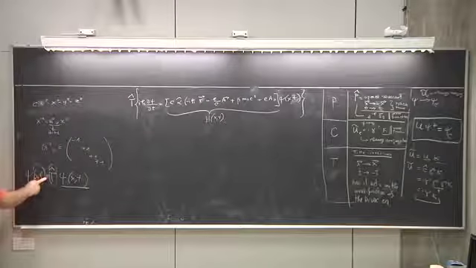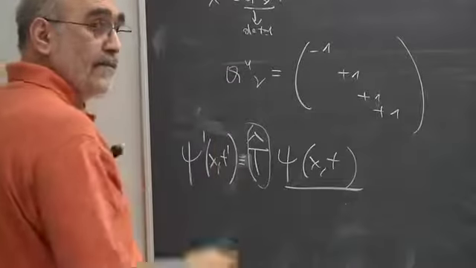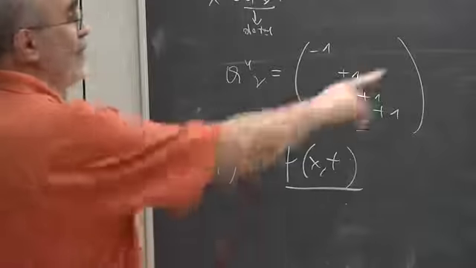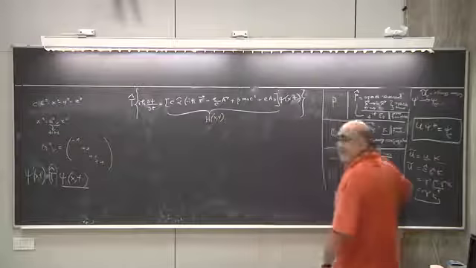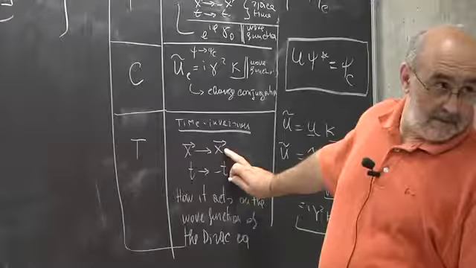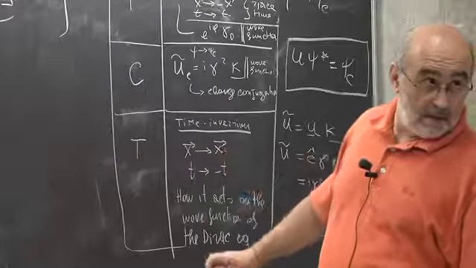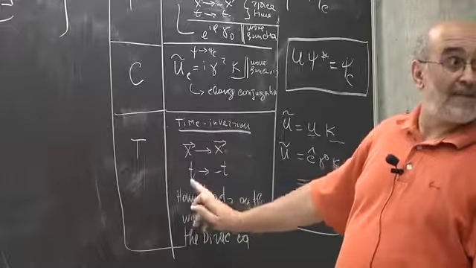I put 3 things at the same position. No, in the new thing. Oh yes, of course, because you know that the time inversion does nothing on x. So we get the same position, but the time will change. Yes, the time will change because we are implementing this. So the time is changed.